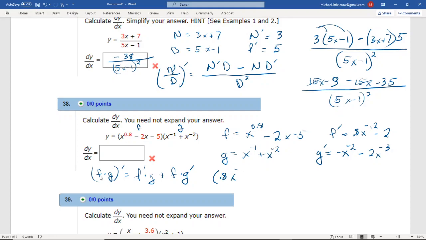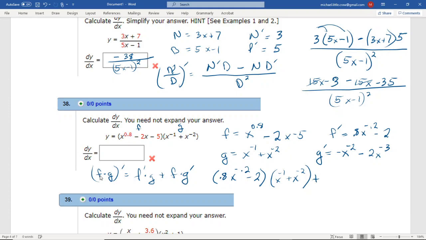x to the minus 0.2 minus 2 times the g function, the original g function, which is up here, x to the minus 1 plus x to the minus 2. We also don't have to change these to positive exponents, it doesn't say.